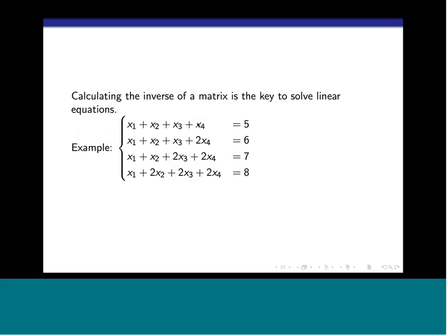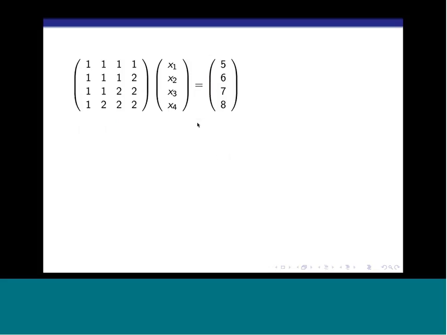Okay. Before that, let's say why you need to do the inverse. Why is it so important to find the inverse of a matrix? For example, you want to solve the following linear equation. Okay. Then I can write this linear equation in terms of matrix like that.